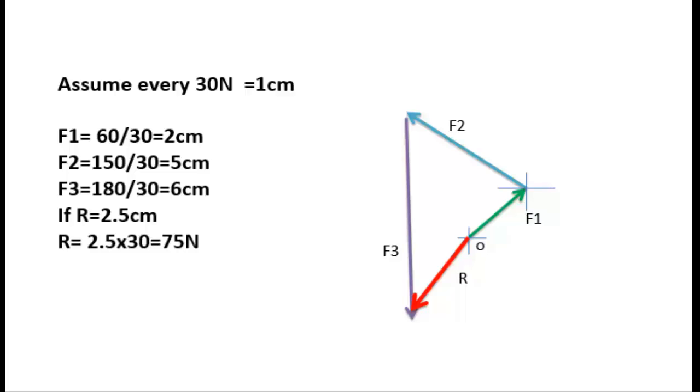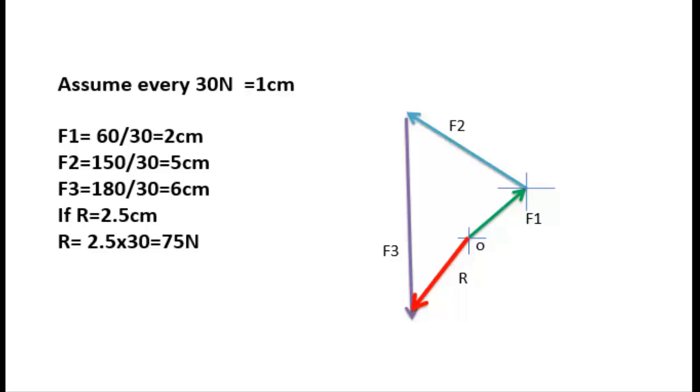And draw the forces, first F1, then F2, then F3, each with its direction. Then the resultant will be the distance between the 0 point and the end of F3, drawn with the red color.